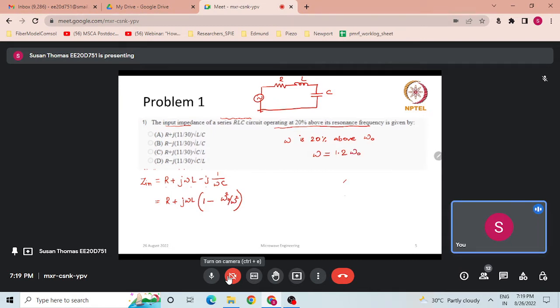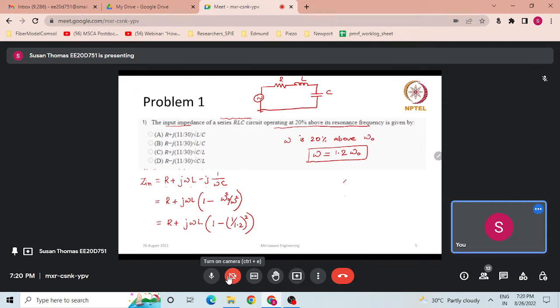So omega is equal to 1.2 times omega naught. Now substituting this, R plus j omega L into 1 minus, omega naught by omega will be 1 by 1.2, the whole square.